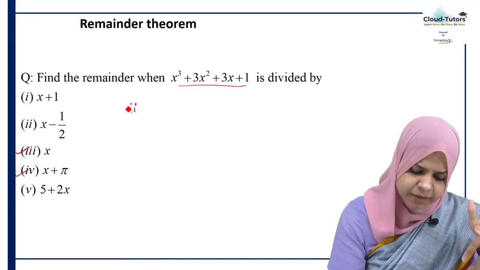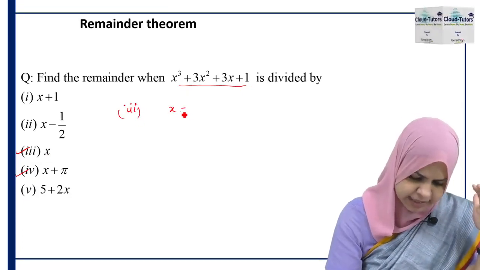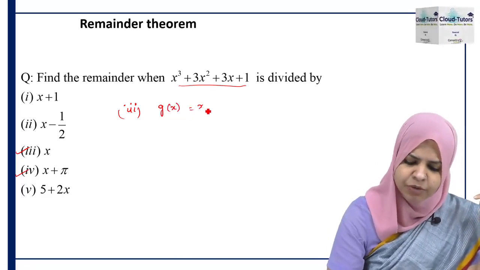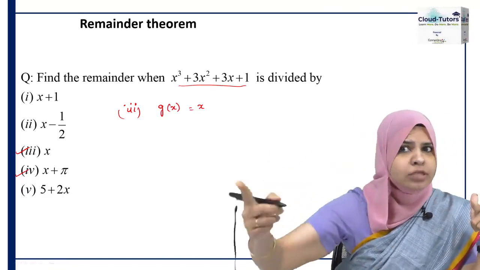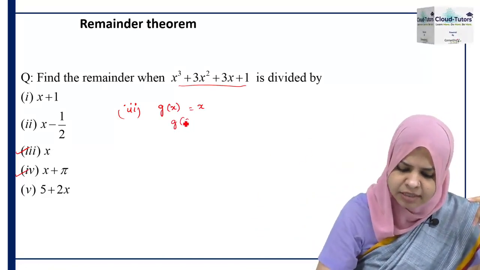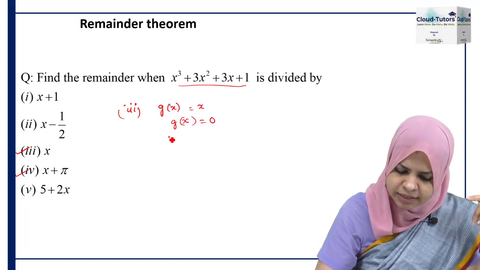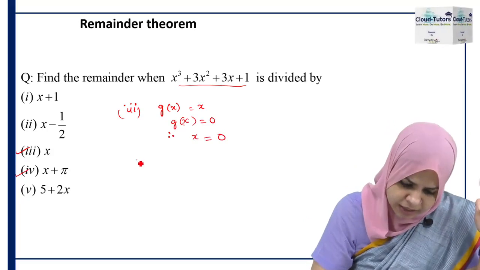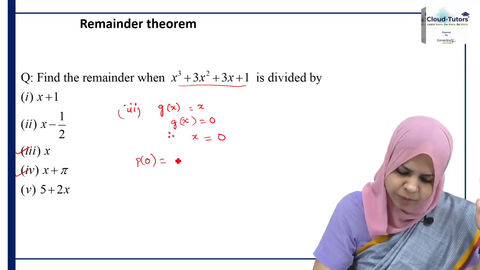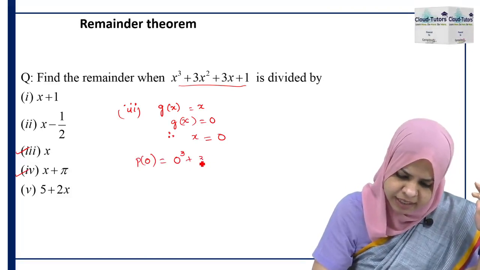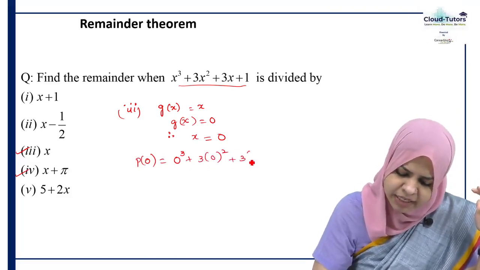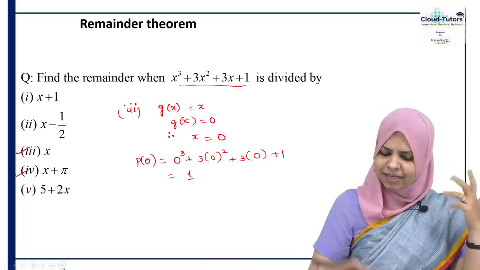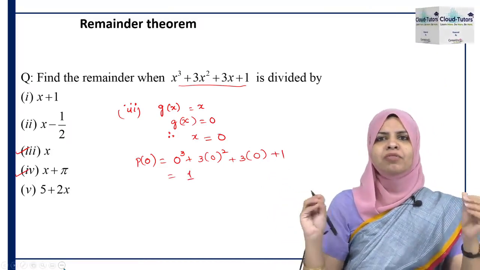If I take the third one, g of x is x. I equate g of x to 0, therefore x is equal to 0. Now p of 0 is equal to 0 cube plus 3 into 0 square plus 3 into 0 plus 1. What is the remainder? 1. Simple, right? Without any complicated division, we have found the remainder.